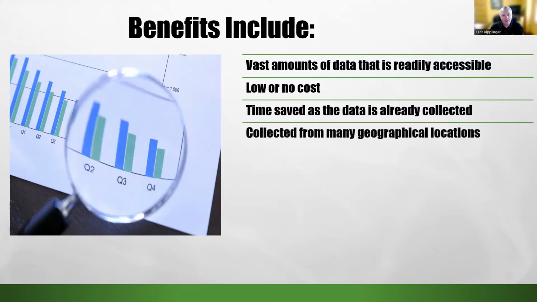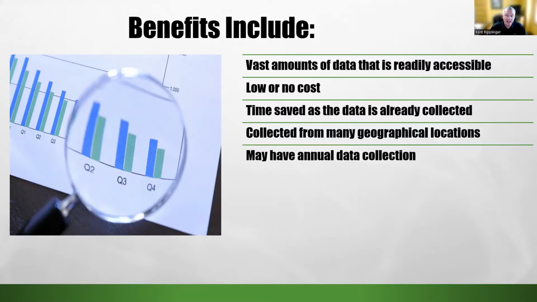The other advantage to public use data sets is the data is more geographically diverse, because a lot of these data sets are collecting data from many parts of the country, possibly many parts of the world. So you have access to not only vast amounts of data, but vast amounts of data from many geographic locations.